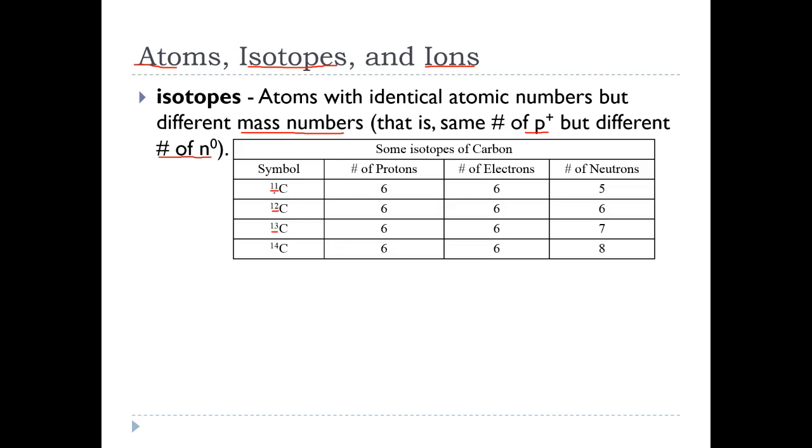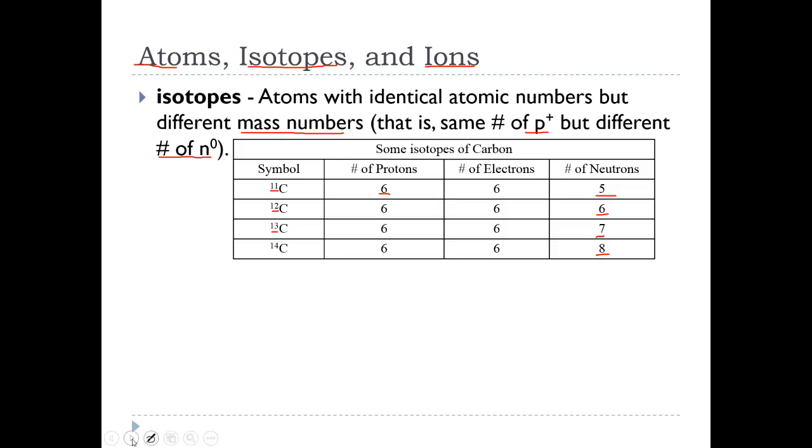So the 11 is the sum of the 6 protons and the 5 neutrons. And the mass numbers are all different simply because they have different numbers of neutrons, since the number of protons still stays the same. So isotopes have the same number of protons, but they have different numbers of neutrons. And as a result, they have different mass numbers.